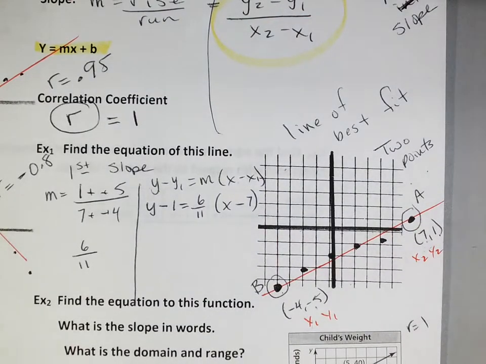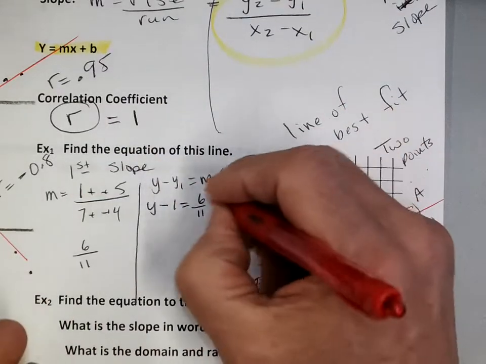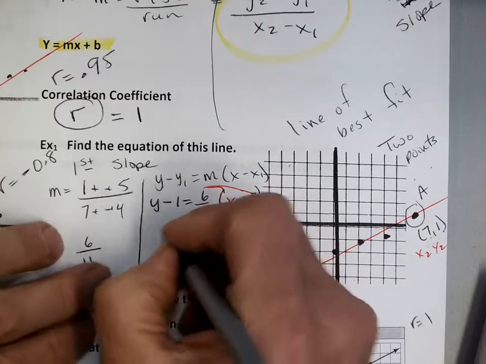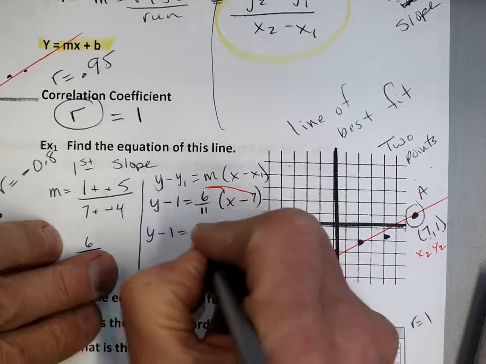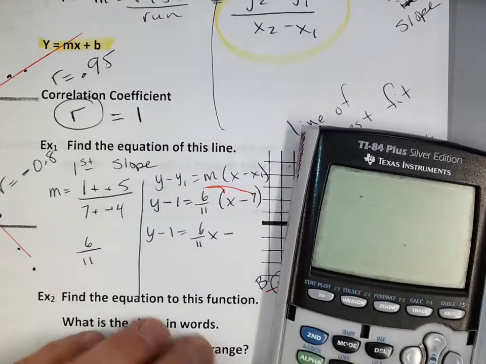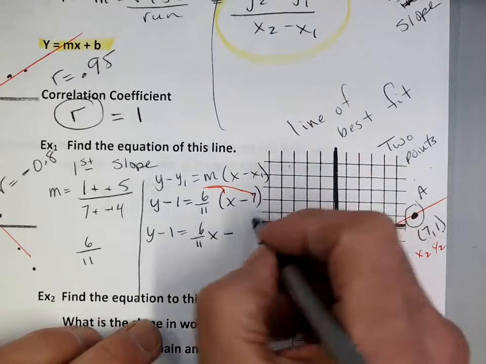Better get my calculator. All right, so now I'm going to distribute. I'm going to go that times that, that times that. So I'm going to go y minus 1 equals 6/11 x minus, hold on, 42 divided by 11, about a 3.8.